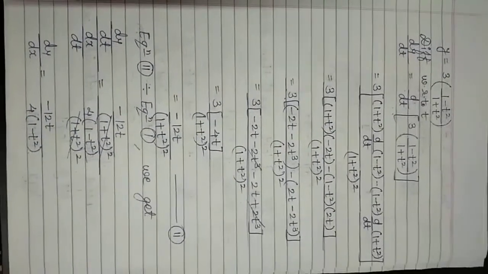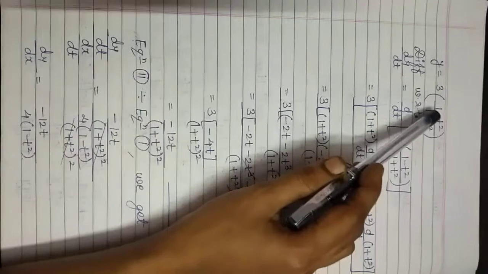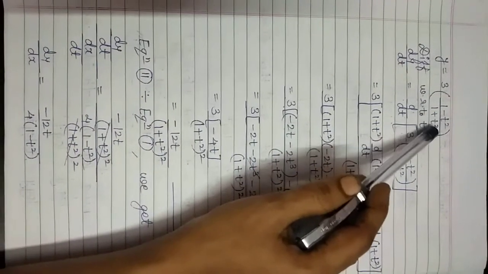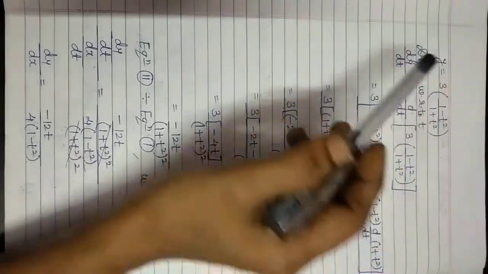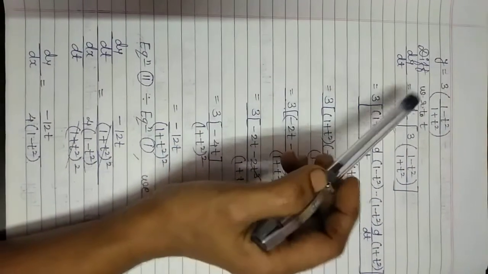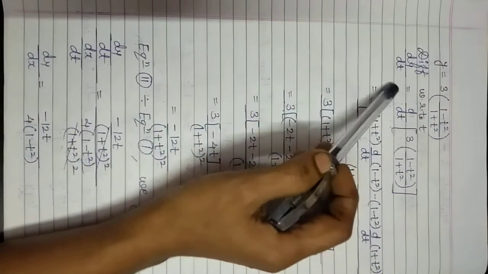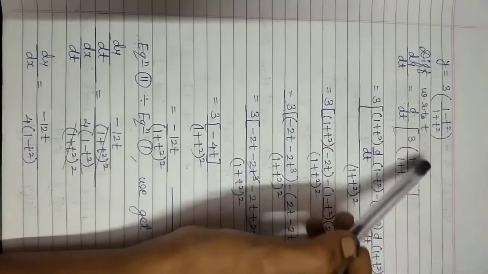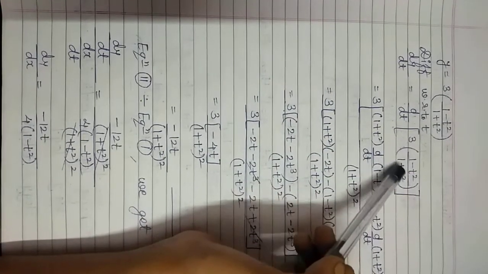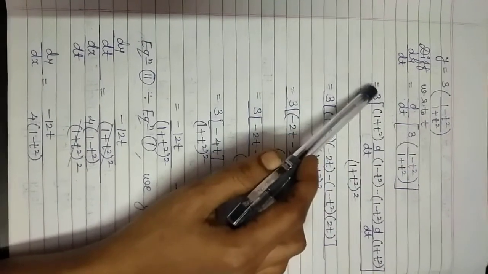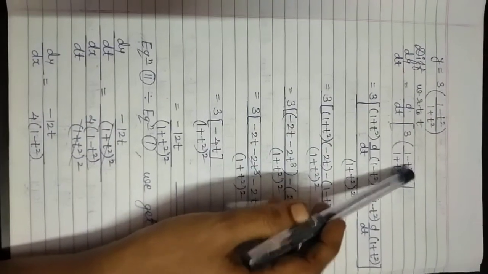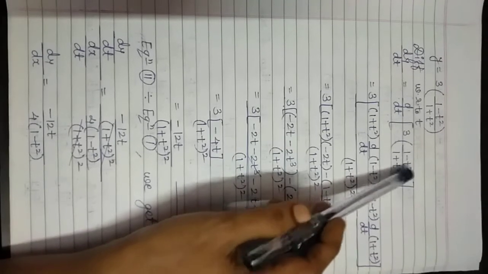Now we will consider the given value of y. Y is equal to 3 into 1 minus t square upon 1 plus t square. So differentiating with respect to t, considering d by dt to both the sides, dy by dt is equal to d by dt of 3 into 1 minus t square upon 1 plus t square. Here also we will write this 3 outside and apply the u by v rule to these both the terms.